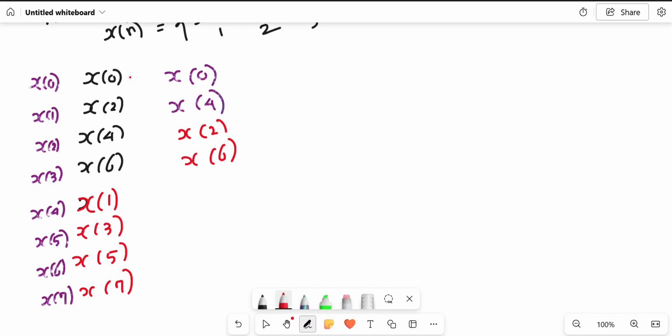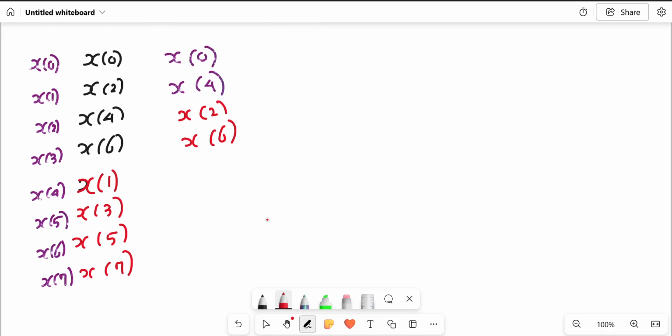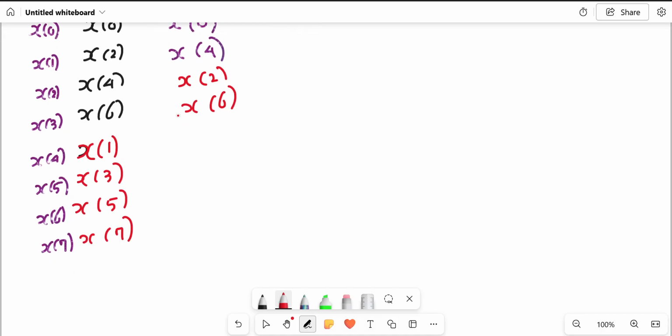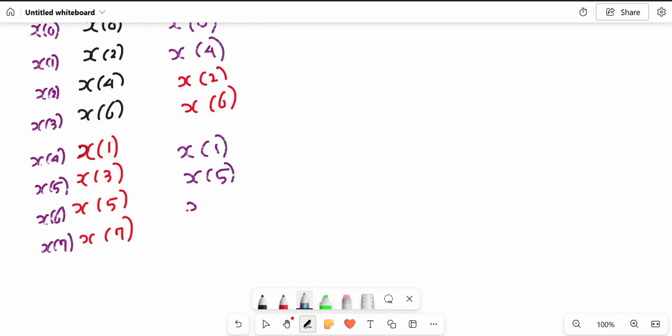This is zeroth position, first position, second, third, again even and odd we have split. So all the concepts we have already seen. So now directly we will go to the butterfly structure of 8-point and how to compute the sequence we will see. So again this will be divided into x of 1 and x of 5 and x of 3 and x of 7.